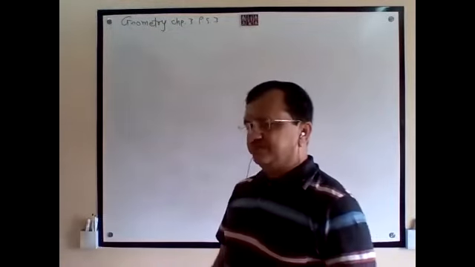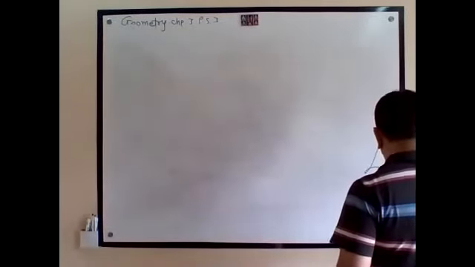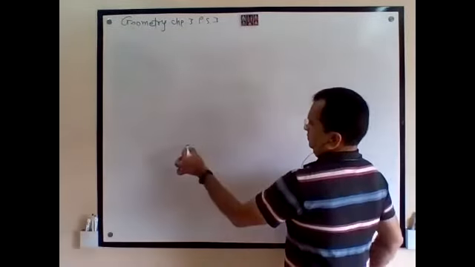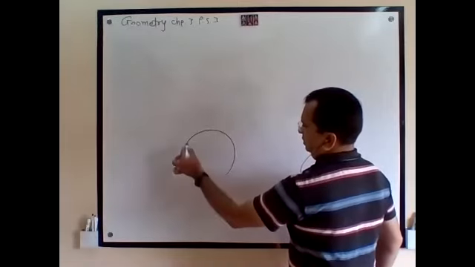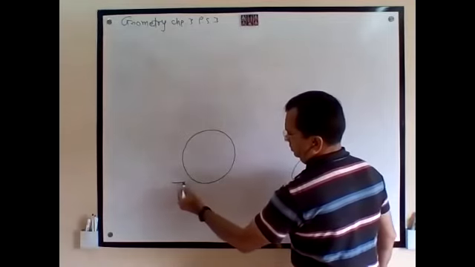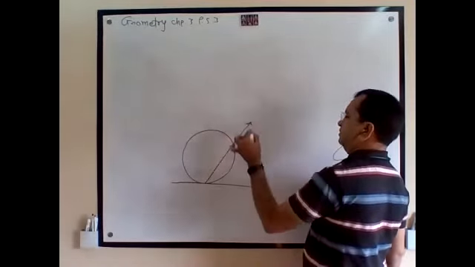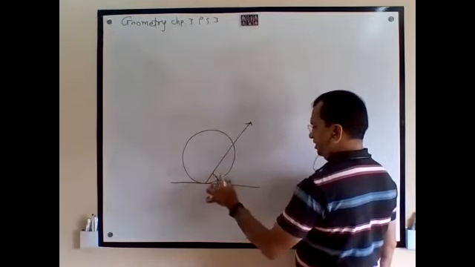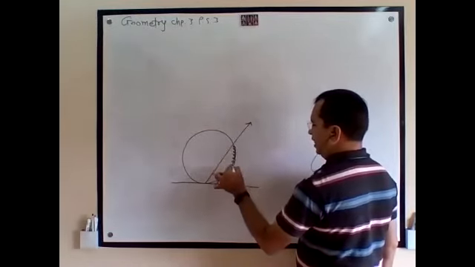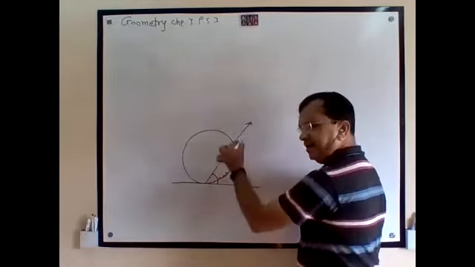Before that, I will introduce a very small part of the proof. If there is a circle, if there is a tangent, and if there is a secant, by this angle, this arc is inscribed. Suppose this is 100.